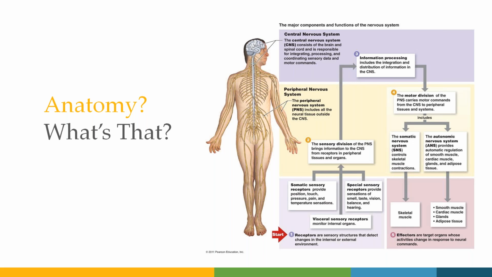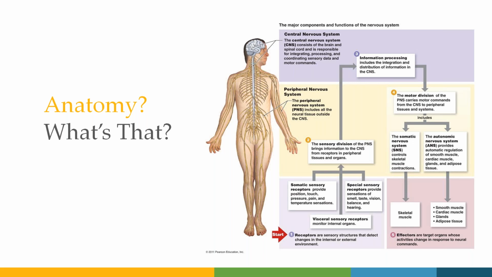And the spinal cord itself acts as this mediating conduit in between the brain and the body. So it's going to be this superhighway transmitting information from the brain out to the body via the peripheral nervous system, or transmitting information from the body back up to the brain from the peripheral nervous system.